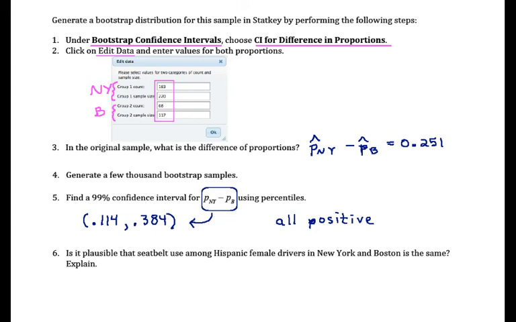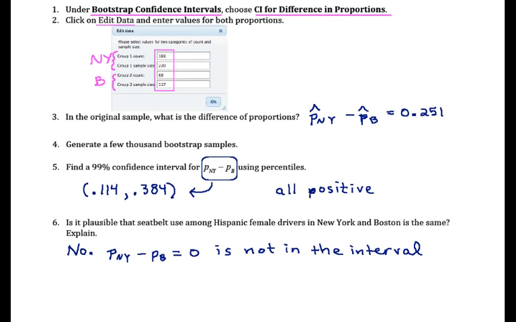It is not plausible that they're the same because the confidence interval does not include 0. So p sub ny minus p sub b equals 0 is not in the interval. Therefore, 0 is not a plausible value, and therefore we don't think they're the same.